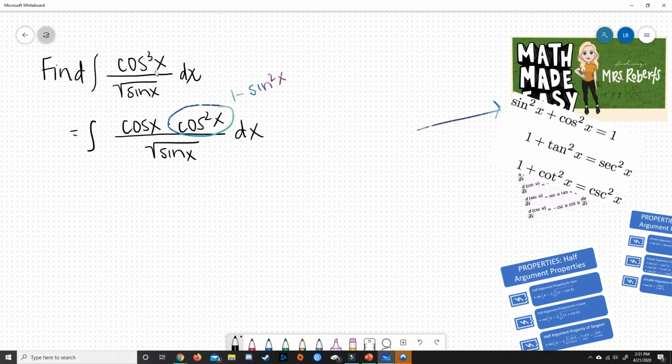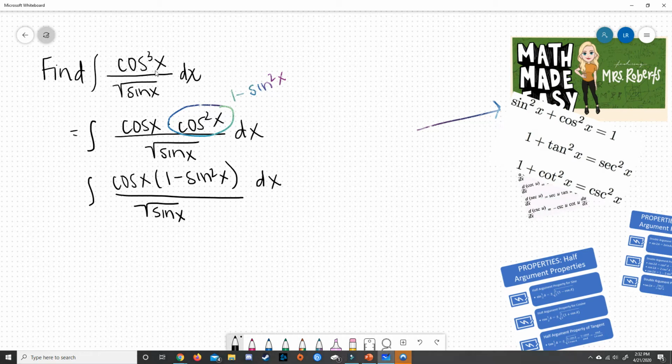So what this is going to look like now is the integral of cosine of x times 1 minus sine squared of x over the square root of sine of x dx. The odd degreed trig function is what you're going to use for your du because it allows you to set aside one of them to be your du.